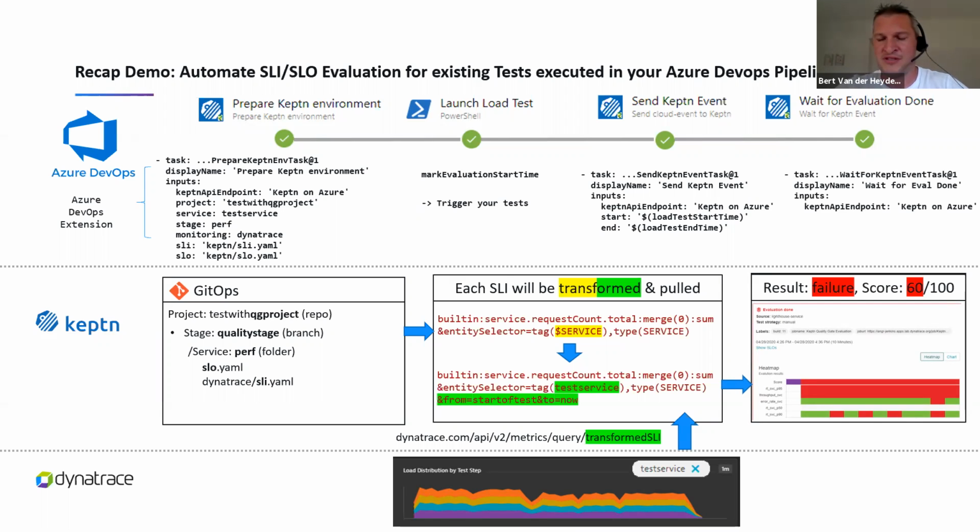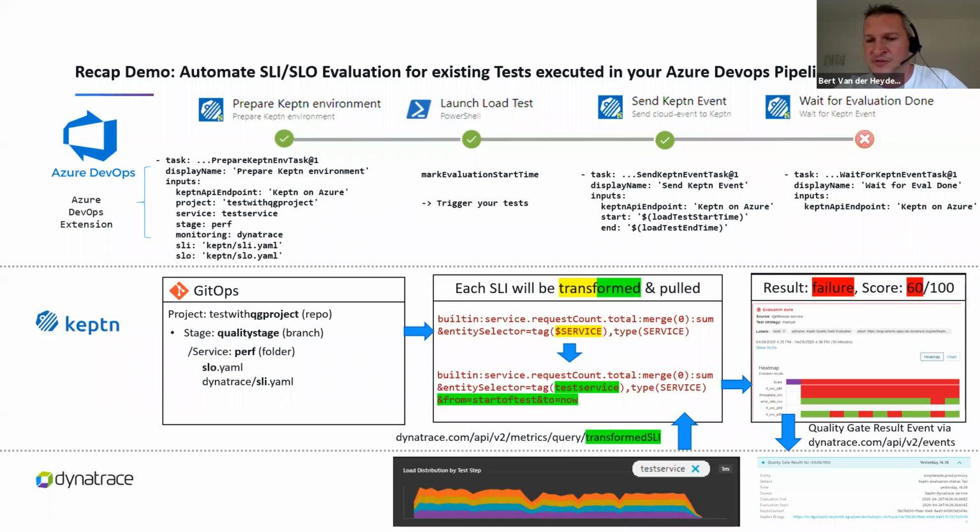evaluation to be done. A lot faster than manually, even with a great thing like Dynatrace. You don't want to look at dashboards to do all that manually. And in the end, of course, Keptn itself also sends the results, if you have the Dynatrace integration, back to Dynatrace, to your components which have those tags.